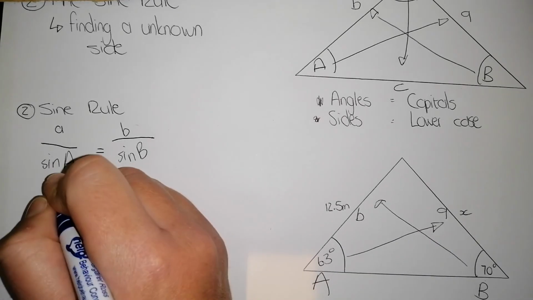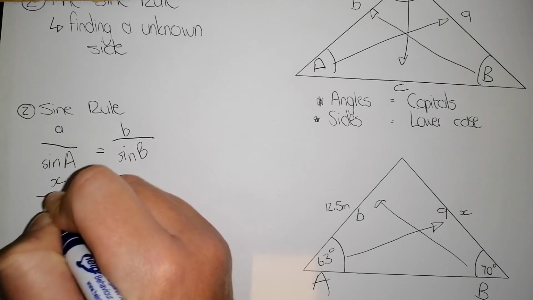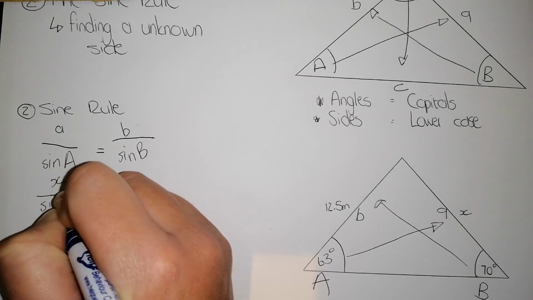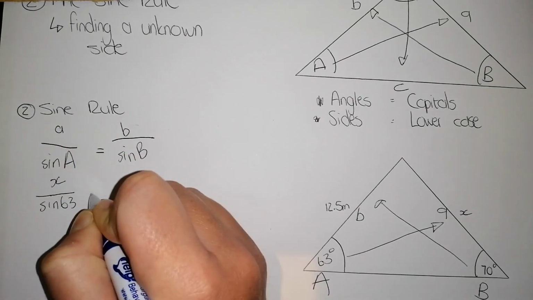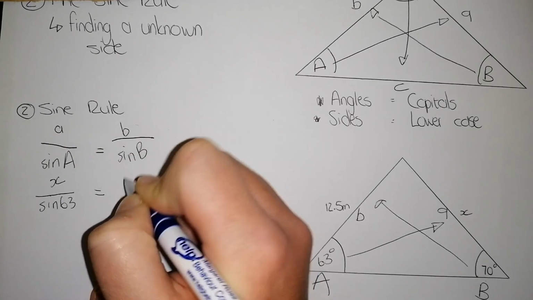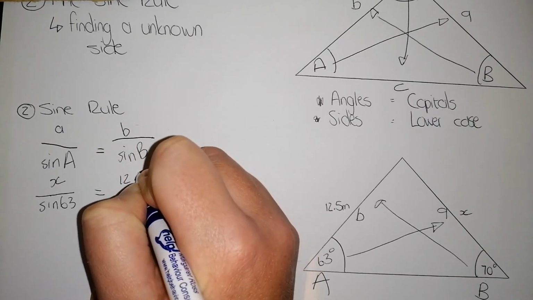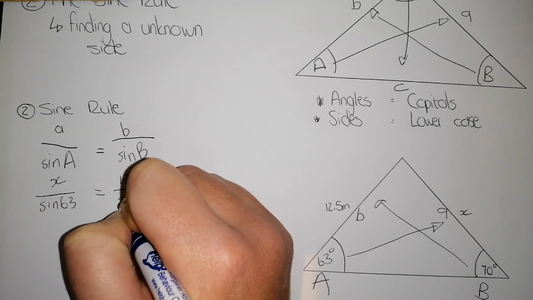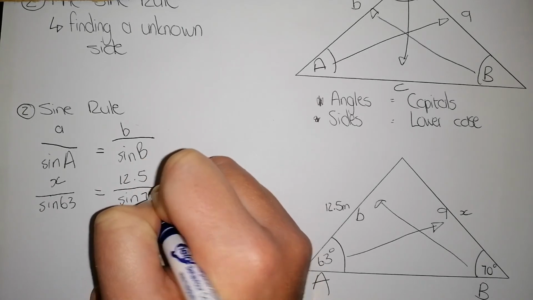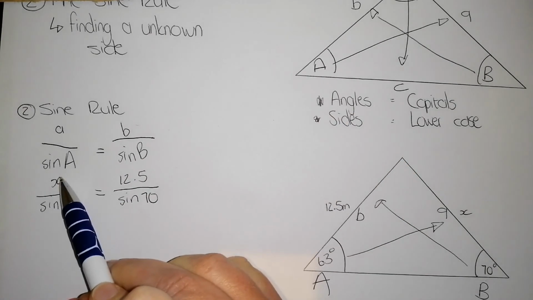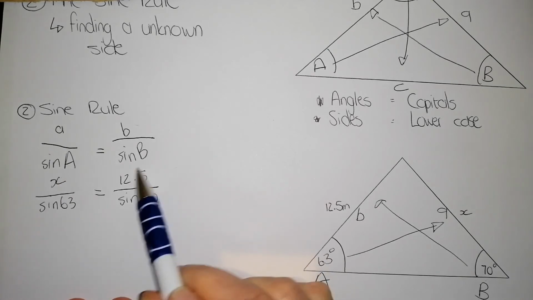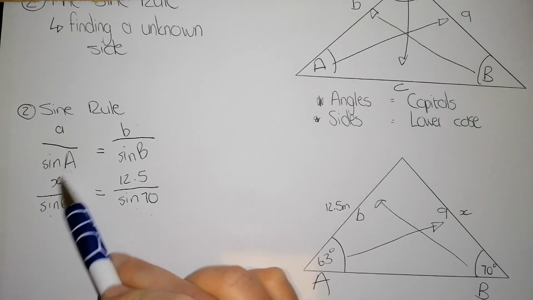So I'm going to have x over sin of 63 is equal to 12.5 over sin of 70. Now I'm going to cross multiply to get my x alone on one side.